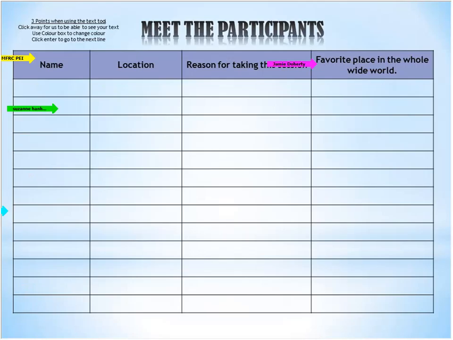Awesome. So when you're claiming a spot, claim it right outside the box, and then use your text tool to write your name and the information as you go along.